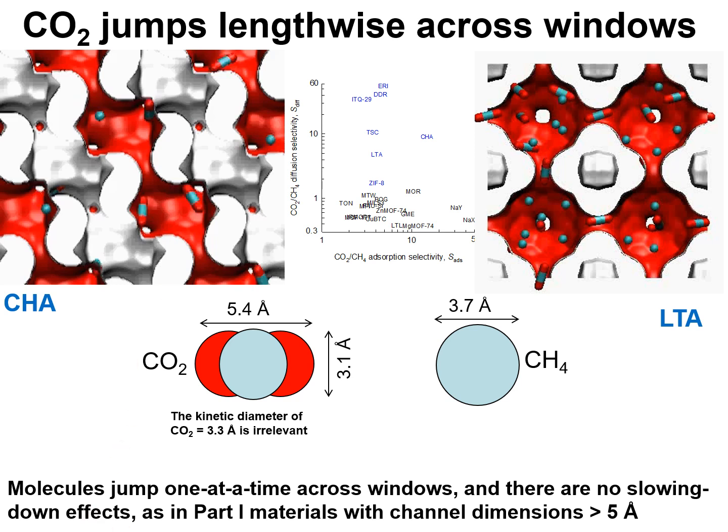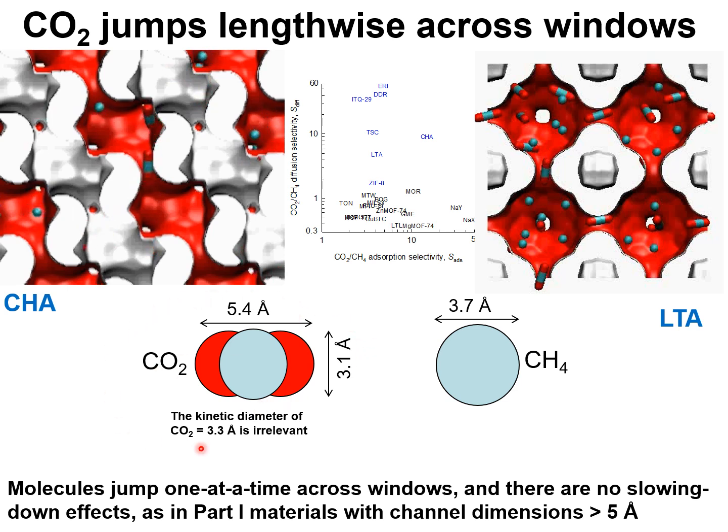We start with chabazite on the left-hand side. Have a look at this CO2 molecule. It is hovering near the window region and is crossing the window at this site. Note that the CO2 jumps lengthwise across the windows. Lengthwise.